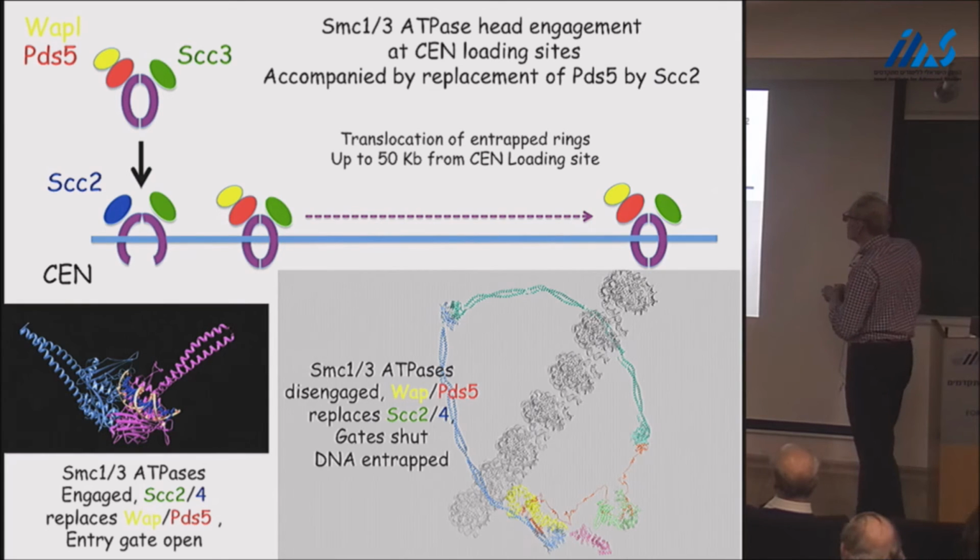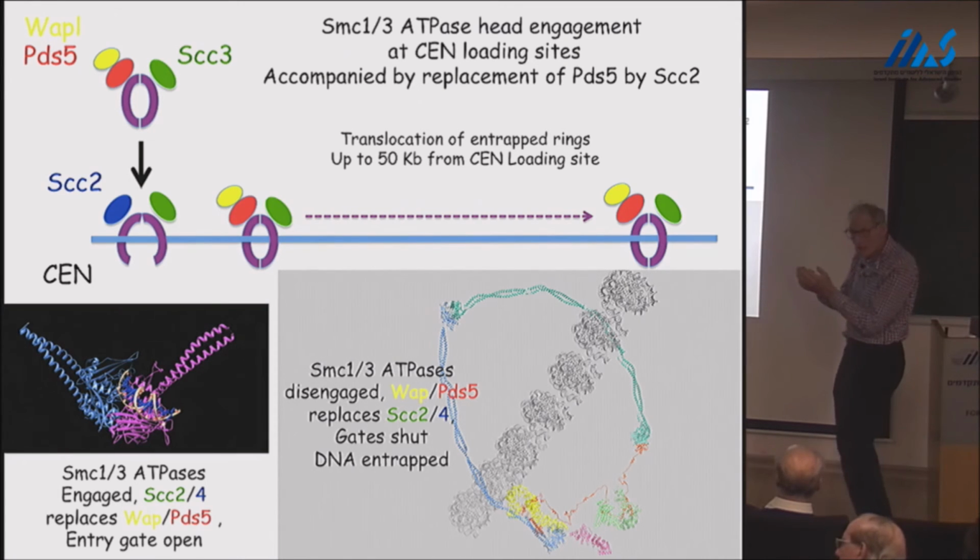And the heads engage, and what happens is that the SSE2 Hawk displaces the PDS5 Hawk, and we believe this opens the ring up. So when the heads are engaged, which is what will happen when you have an EQ mutation, SSE2 is bound instead of PDS5.